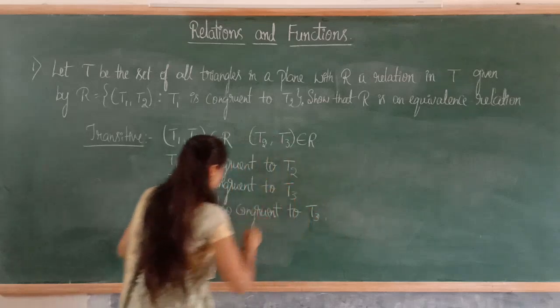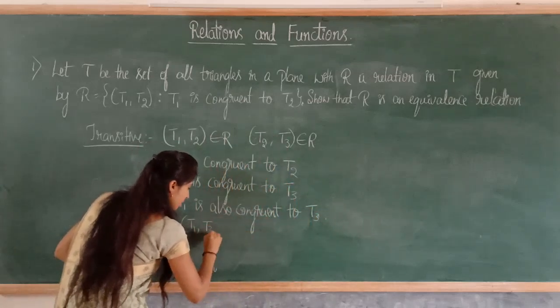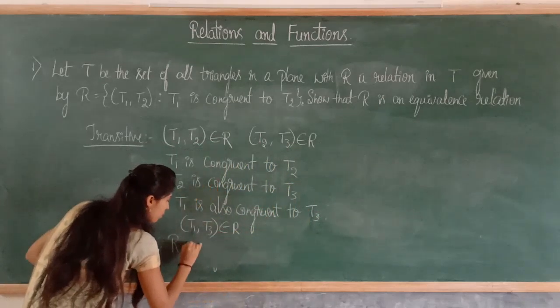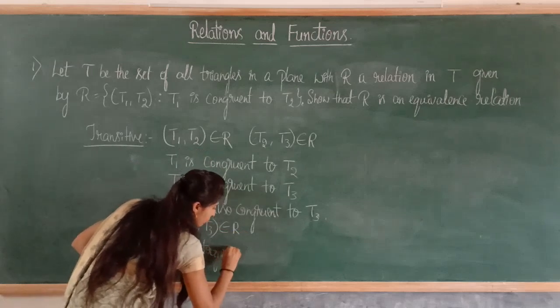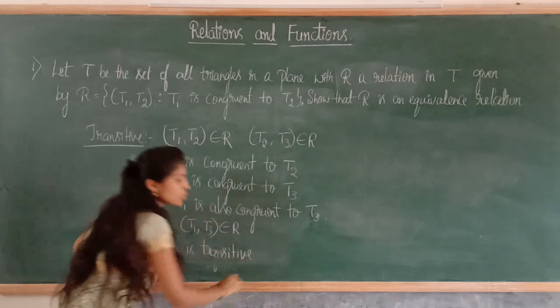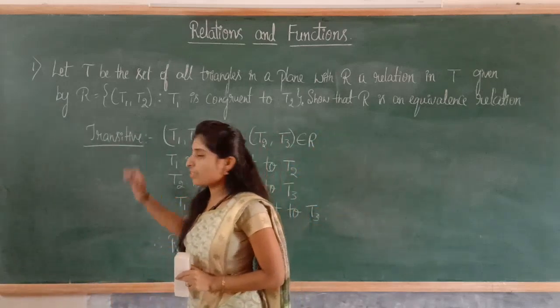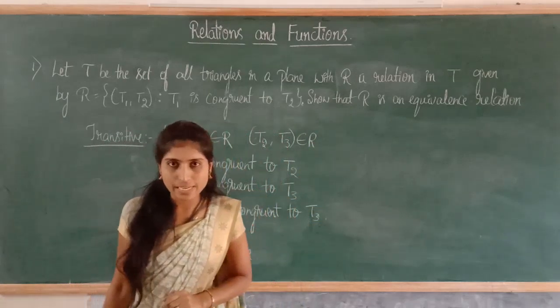So (T1, T3) belongs to R. Therefore, R is transitive. So the given relation R is an equivalence relation because it satisfies the conditions reflexive, symmetric and transitive.